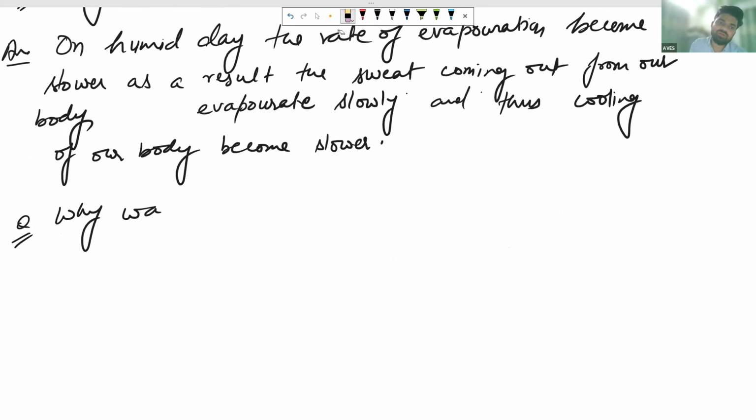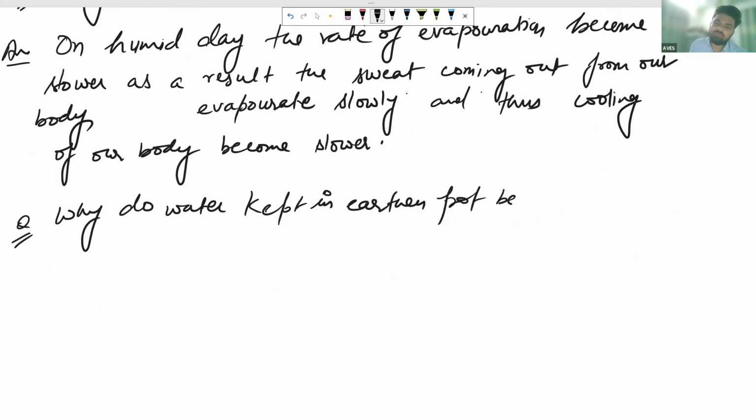Why does water kept in an earthen pot become cooler during summer? Tell me.